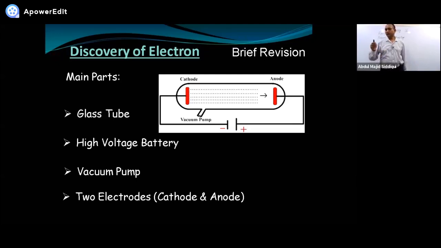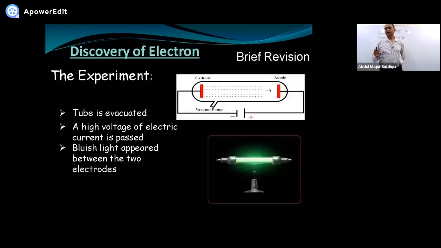So when he decreased the pressure by starting the vacuum pump, he was able to evacuate the tube. At that stage, what happened? He found that certain rays are created from the cathode and travel towards the anode. A bluish green radiation was there inside the tube.